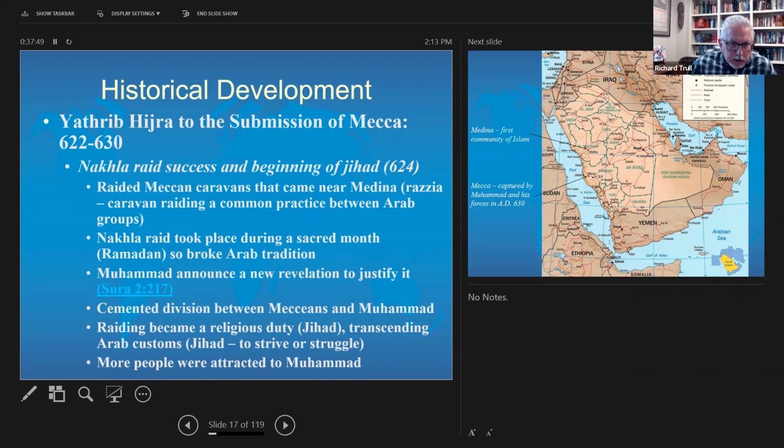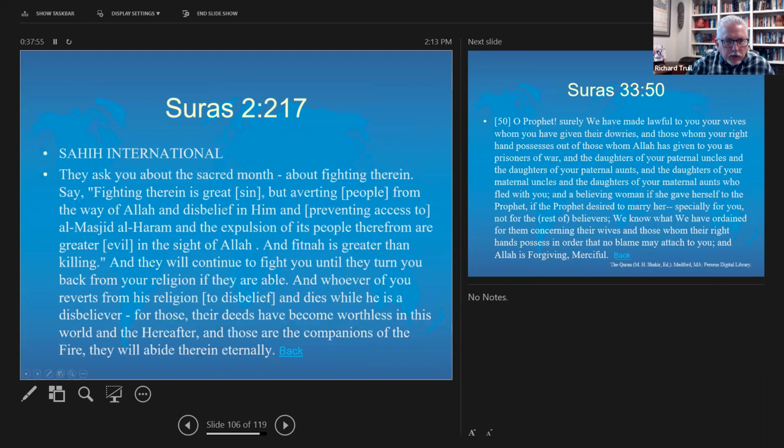And you can see a surah in the Quran that deals with this. They ask you about the sacred month, about fighting therein. Say, fighting therein is great sin, but averting people from the way of Allah and disbelief in Him and preventing access to al-Masjid al-Haram and the expulsion of its people therefrom are a greater evil in the sight of Allah.